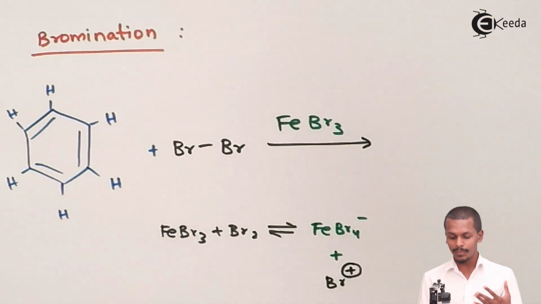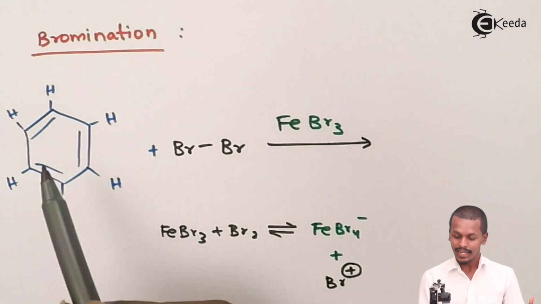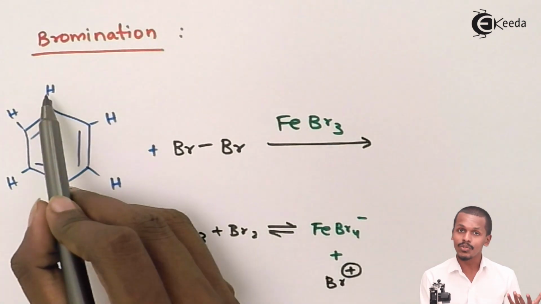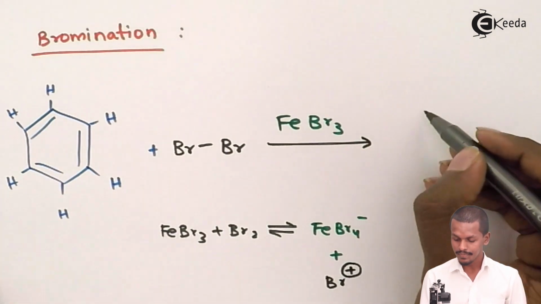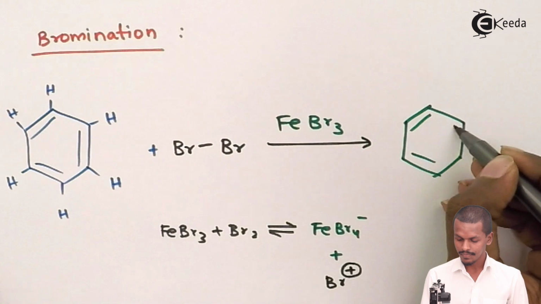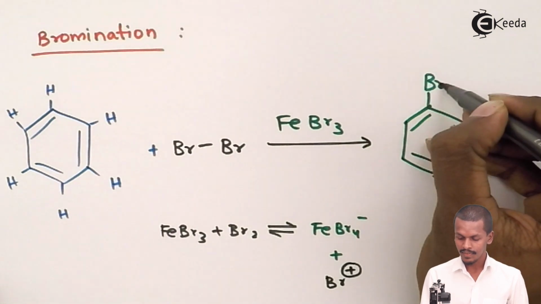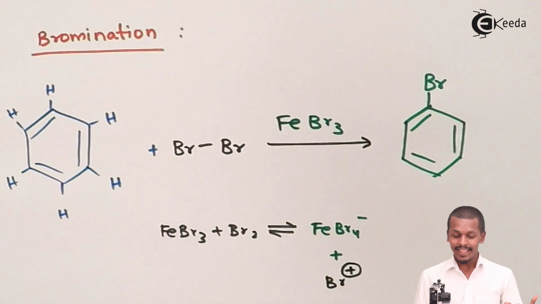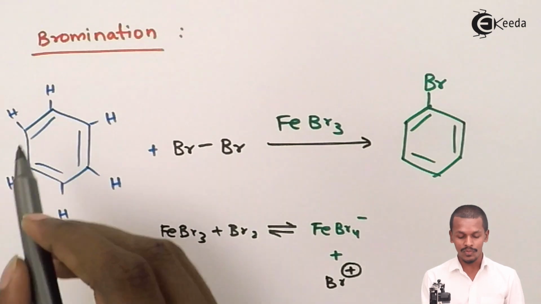In this case, the Br plus ion acts like an electrophile, and this electrophile will replace this hydrogen atom so as to form bromobenzene.